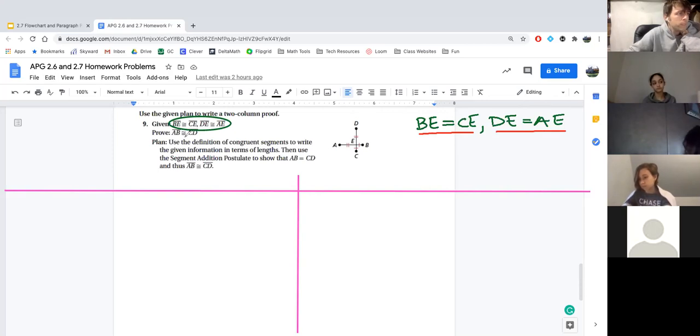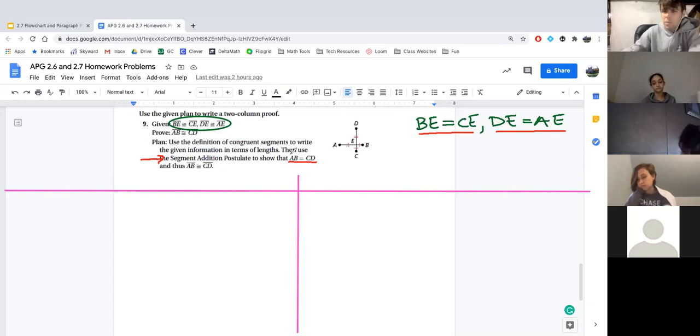All right. The next thing says use the segment addition postulate to show AB is equal to CD. This step right here is not very clear in the plan, and I think this was a part where people got very confused when they were trying to do this on their own.